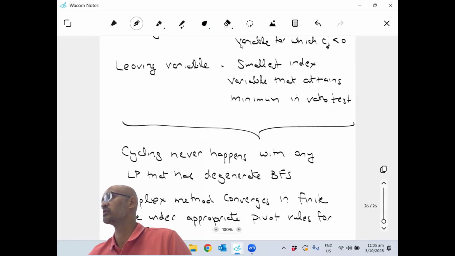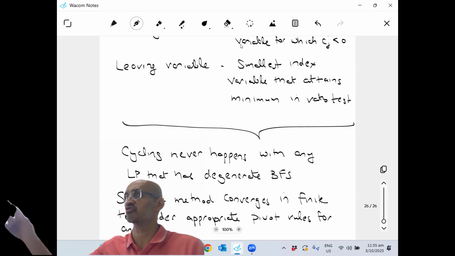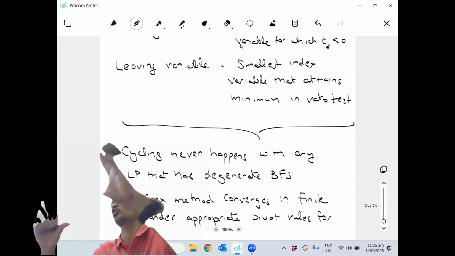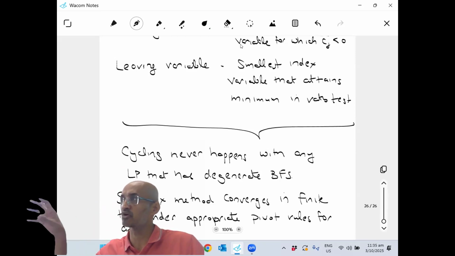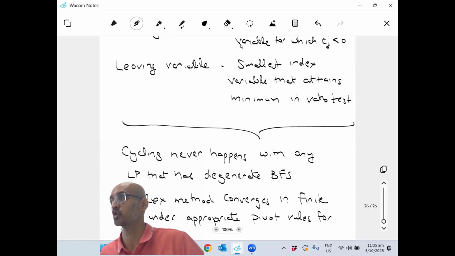Previously, we said this for non-degeneracy; for degeneracy, not every pivot rule works, but with some algorithmic choices on the pivot rules, you will get convergence in finite time. You won't have cycling.